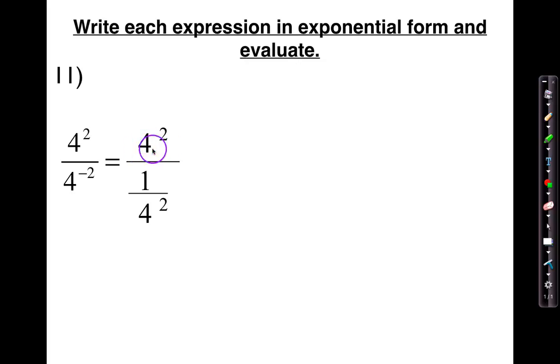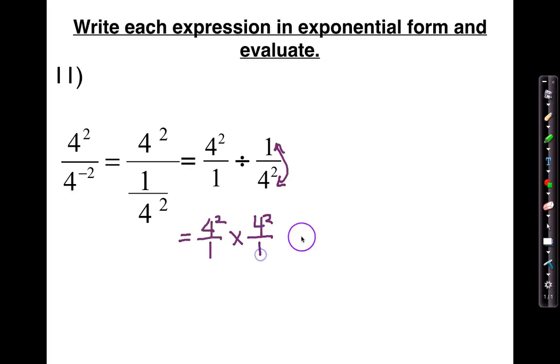Okay, so going back. Here, what does this mean? It means 4 squared divided by 1 over 4 squared. So notice here, again, to make things nice and clean, I went ahead and put 1 over the 4 squared to make it into a fraction. So now this is going to change. Again, I'm going to go ahead and write it underneath. This is going to be 4 squared over 1. This is going to change to multiplication. And of course, I'm going to take the reciprocal of this, so that's going to leave me with 4 squared over 1.